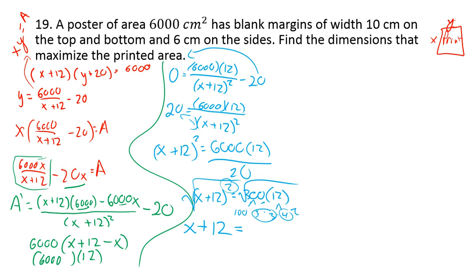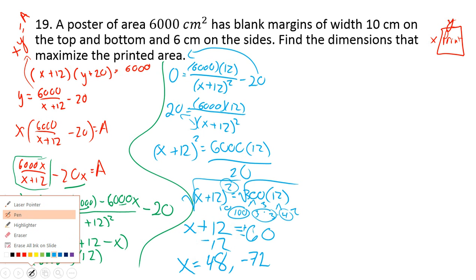This becomes 3, and this becomes 10. So it'd be 3 times 2 times 10, which is 60, plus or minus. So we got plus or minus 60. And now we subtract 12, getting us our answers: x is equal to 48 or negative 72.